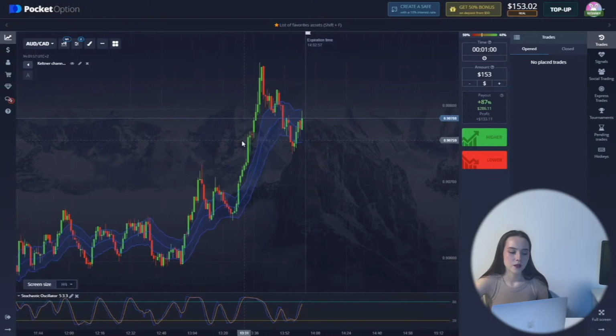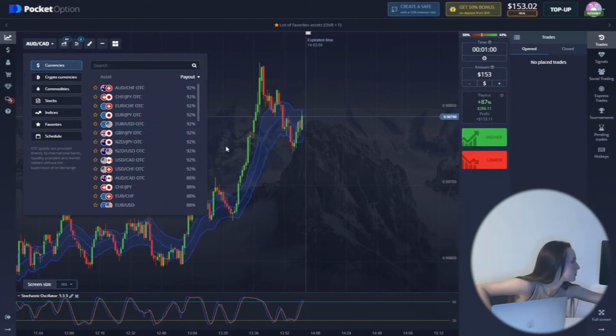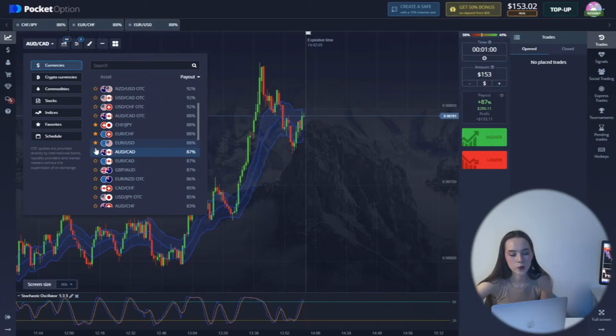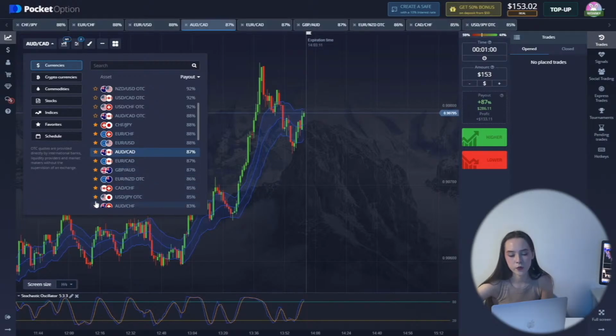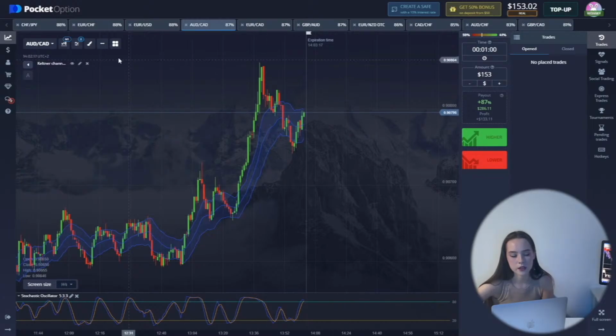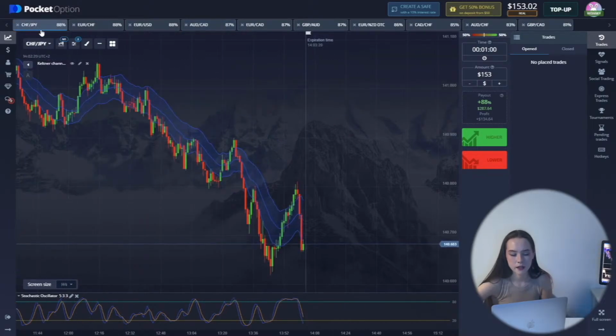And now we will start our trading session. I'll set the amount of $153 and add currency pairs, but definitely not OTC.